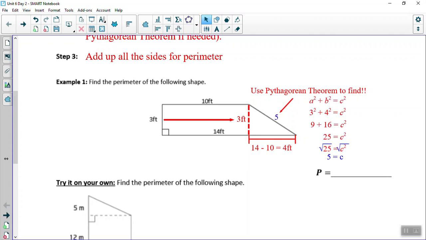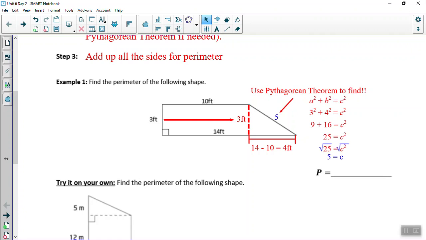Now that I know all my outsides, I can add them together. My perimeter is going to be equal to the 3 plus the 10 plus the 5 plus the 14. I'm just going to count this whole thing as 14. I'm not going to do 4 and then 14.